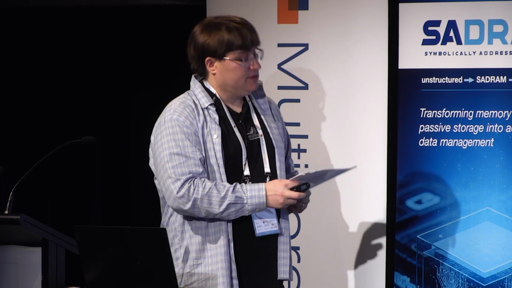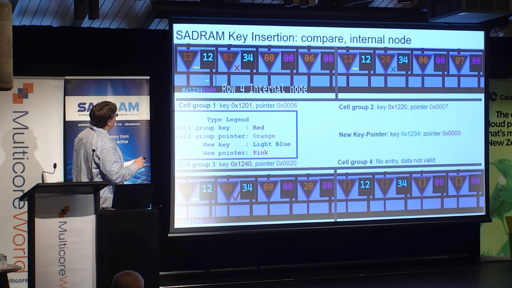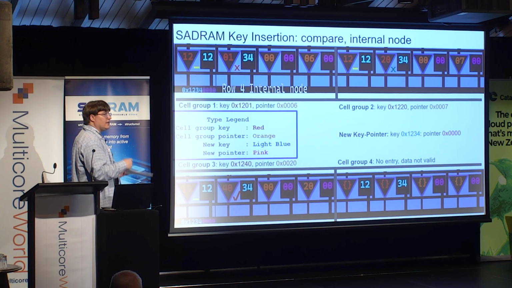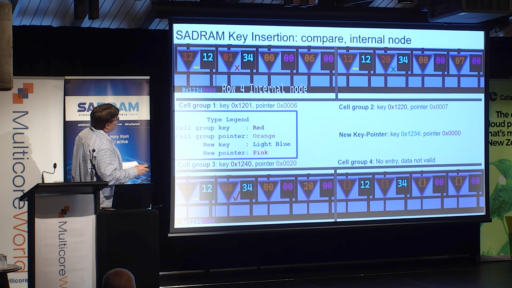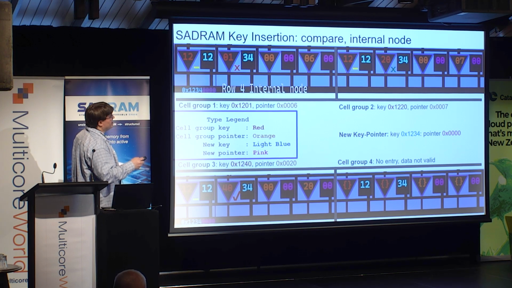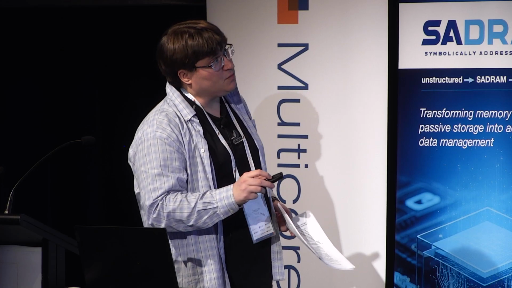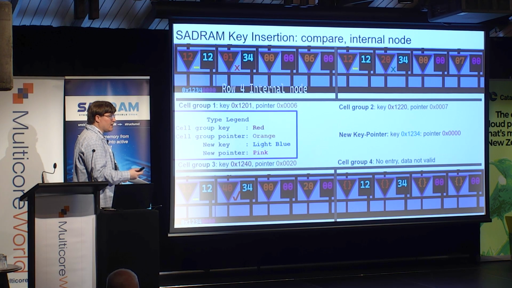So I said before, these red and orange values are the key and pointer data in the sense amps, the cell values. This is the pointer here, and that is a reference to a row in SADRAM. This is an internal node, because we're in the process of traversing from the middle of the tree down to one of the leaf nodes, and these pointers refer to other SADRAM rows.